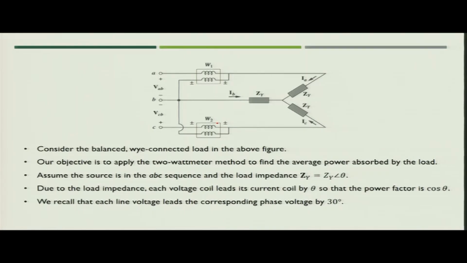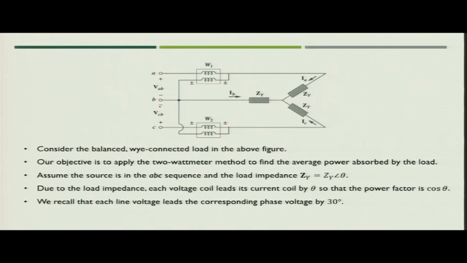In this you will see the voltage difference between phase A and B is VAB, between phase C and B is VCB. VCB is written because the potential coil is connected from C to B. So, we will consider C as plus point and B as minus.